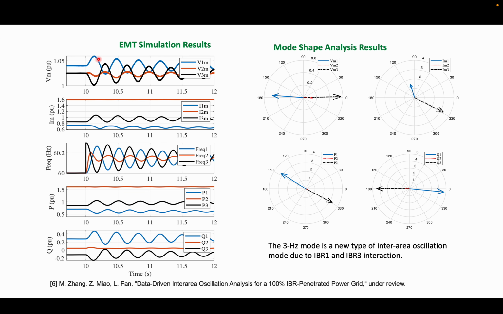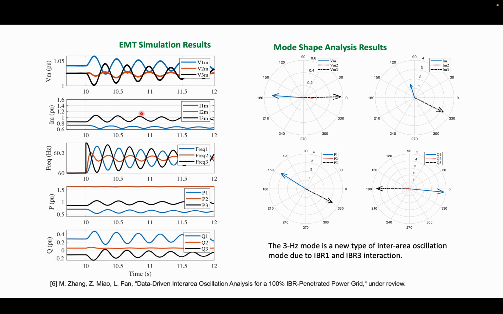For example, bus 1 and bus 3 voltages oscillate against each other, with the same frequency, and the real power and reactive power are the same. Bus 2 is not oscillating too much. That clearly shows the oscillation mode, about 3 Hz, which is observable between generator 1 and generator 3, on bus 1 and bus 3.